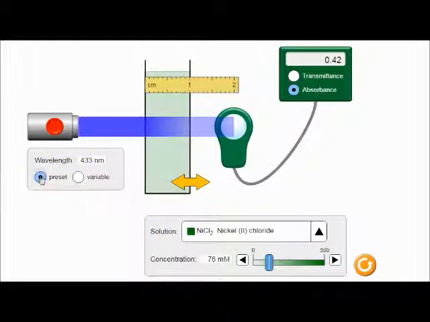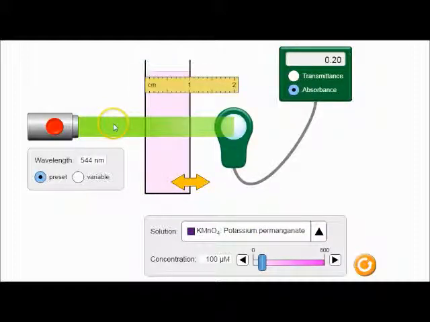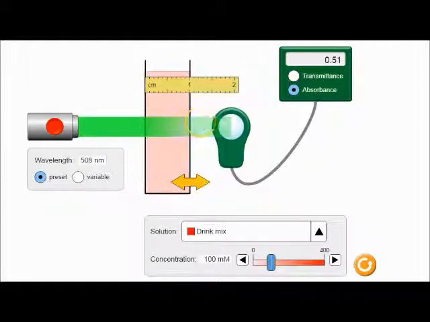So preset is the best wavelength to use for a given solution. You could see that I can change the solution, and that will change the color. Potassium permanganate happens to absorb the best for measuring purposes in the green kind of light, right? And the drink mix happens to absorb the green kind of light best also.